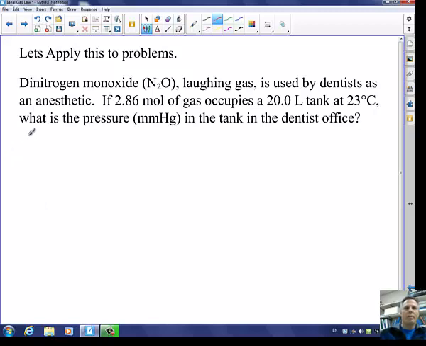We know that n is 2.86 moles, and we know that it occupies a volume of 20 liters. And we know the temperature is 23 degrees Celsius, but of course we have to add 273 to that right away to get this into Kelvin, so that will be 296 Kelvin.